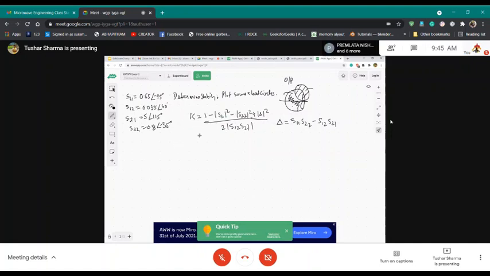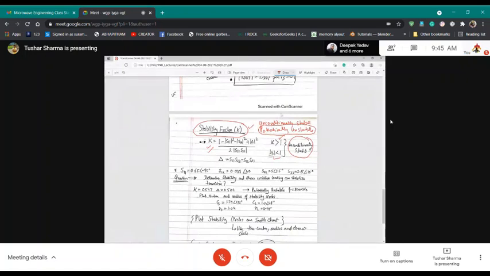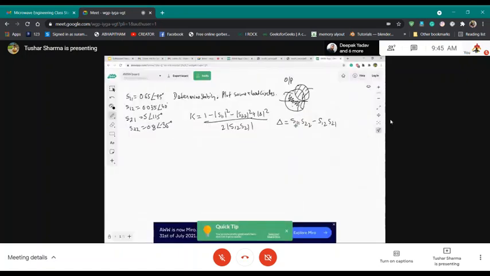1 minus S11 squared, that is 0.65 squared. So first calculate delta, S11 S22 minus S12 S21, and once you calculate delta you have to take the mod of delta.